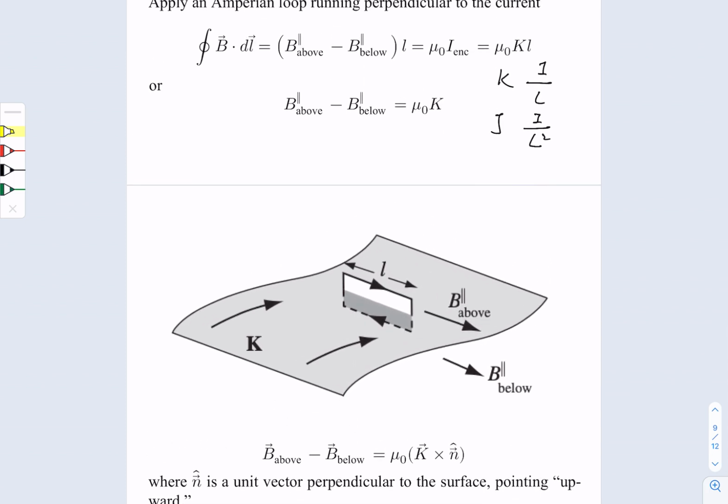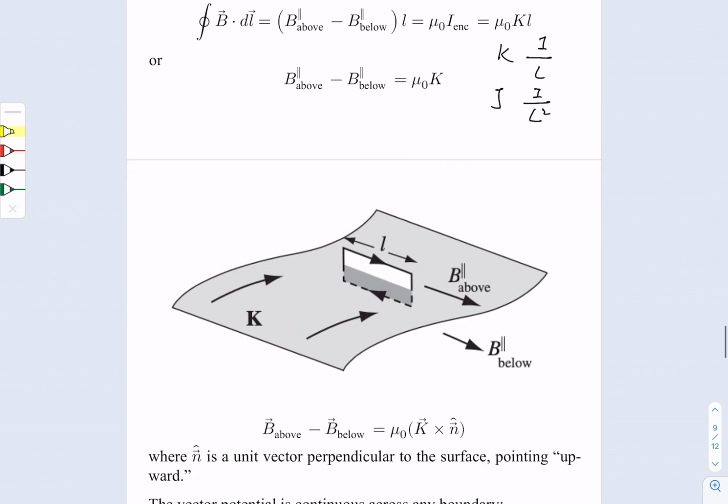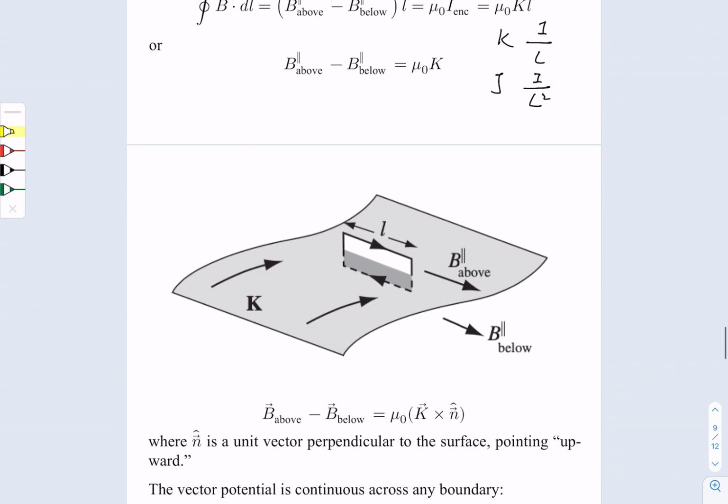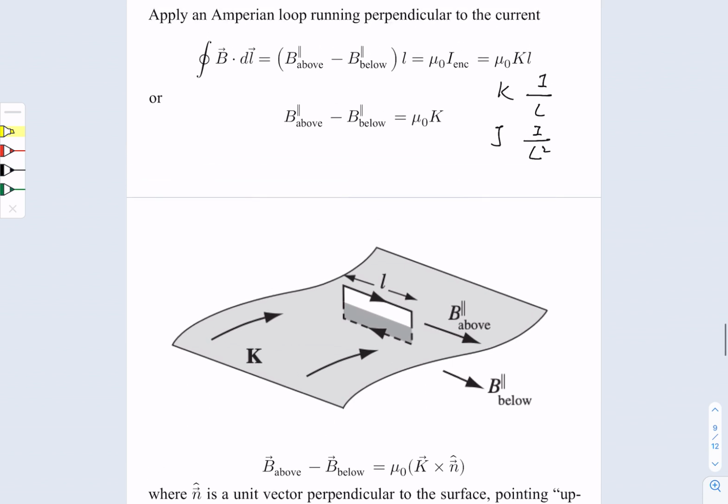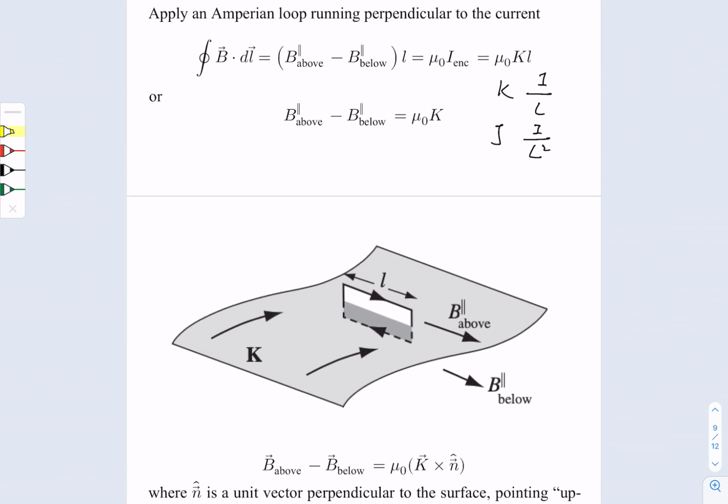I also want to note that on the right hand side, the I enclosed can be written down as K times L, instead of K times L and times the angle, because here the Amperian loop is perpendicular to the current.